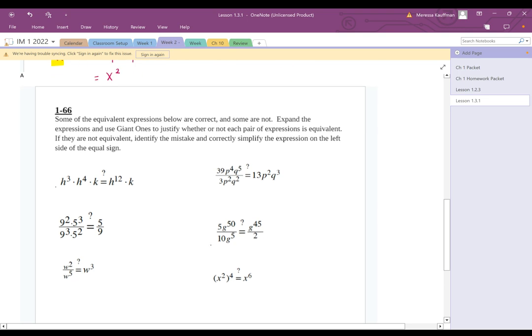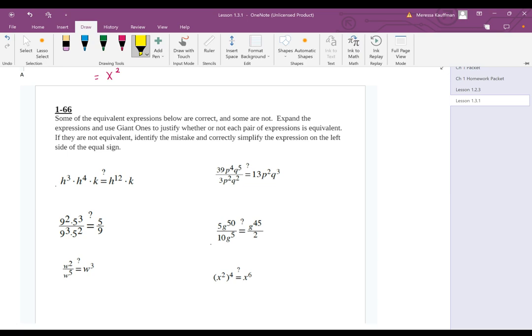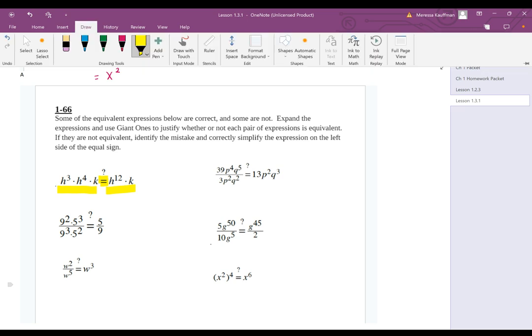Okay, lastly, some of the equivalent expressions are correct, is what it says. Equivalent means equal. So are these two equal, is what it's asking. Is this equal to that? Well, let's look at the first one together.